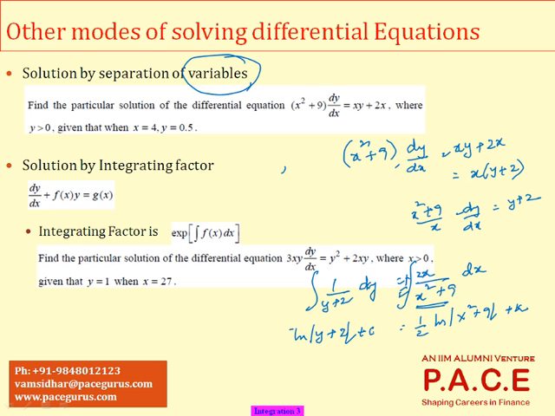Log (y plus 2) plus c is equal to half log (x squared plus 9) plus k. That is what is the relation. And it is also said that where y is greater than 0, x equal to 4, y equal to 0.5. So you can very well say when x equal to 4, so half log 25.